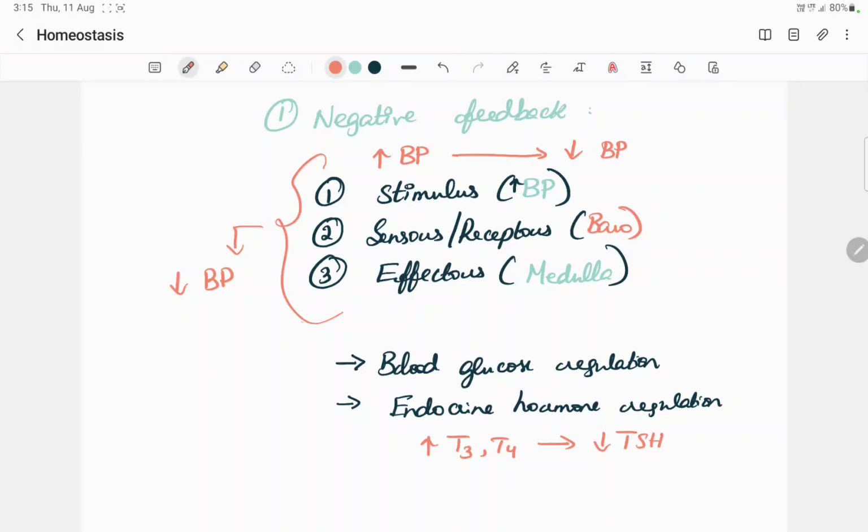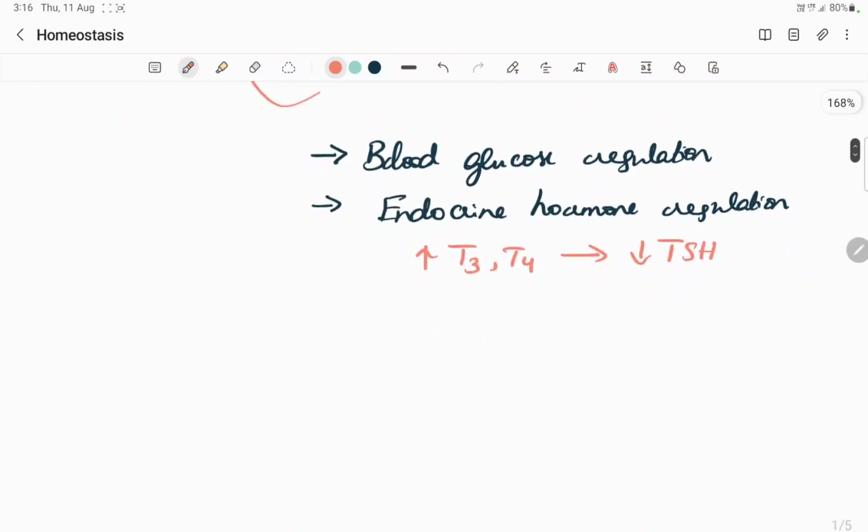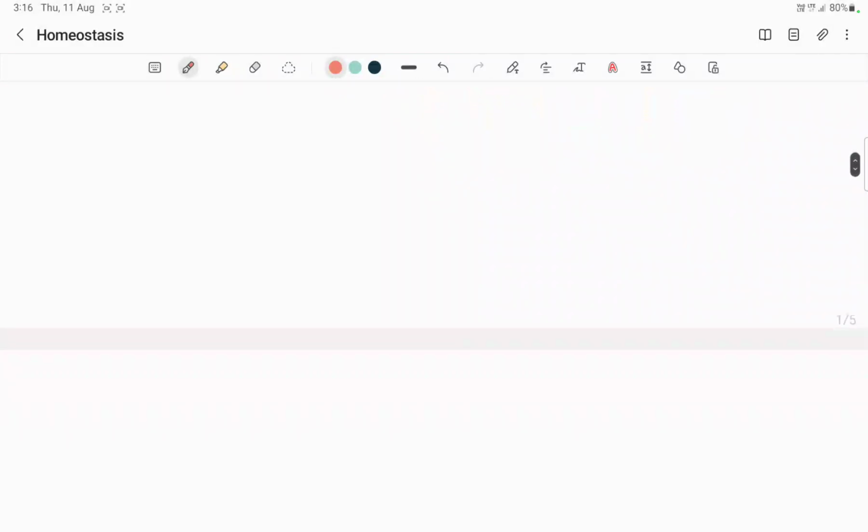Together, this lowers the blood pressure. The other examples of negative feedback that we saw were blood glucose regulation and endocrine hormone regulation. For example, we saw an increase in the T3 and T4 levels, which leads to a decrease in the thyroid stimulating hormone levels.